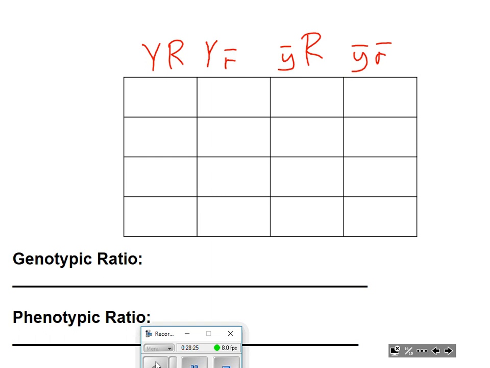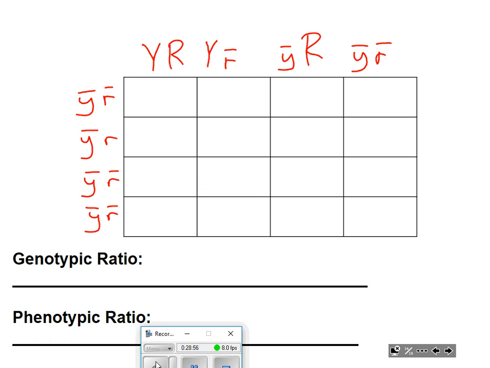Now, what was my other one? Little y, little y, little r, little r. How many possibilities do I have there? 1. And what is it? Little y, little r. Now, if I would foil it, I would have 4 of these, right? Do I need to do 4 of these?